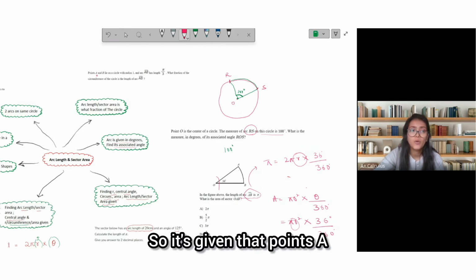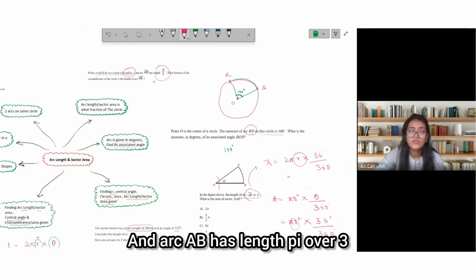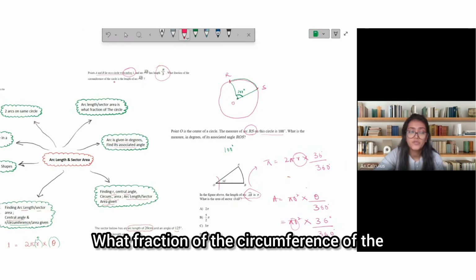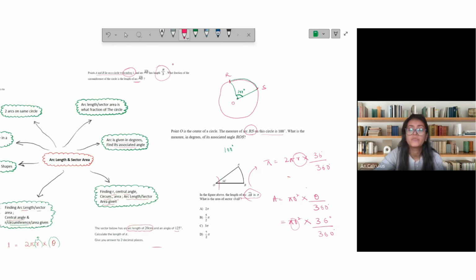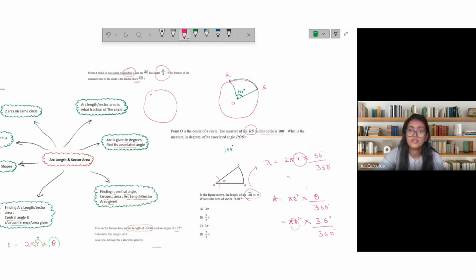So it's given that points A and B lie on a circle with radius 1, and arc AB has length pi over 3. What fraction of the circumference of the circle is the length of arc AB? So this arc has length pi over 3. That means it is subtending an angle of pi over 3 at the center.